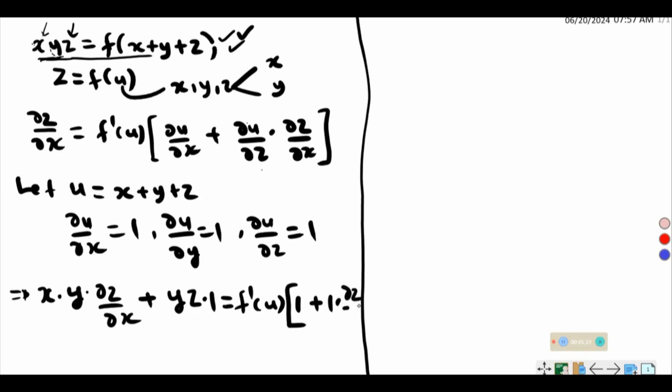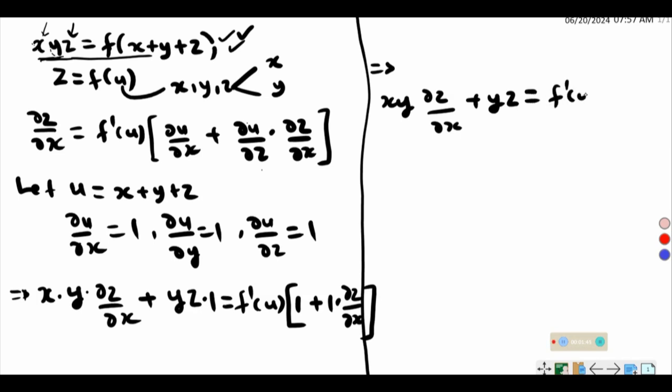So we maintain del z del x, and this will be xy del z del x plus yz, equal to f prime of u into 1 plus del z del x.